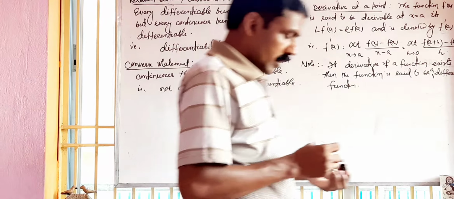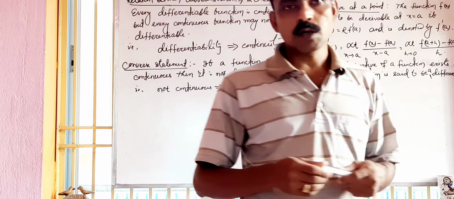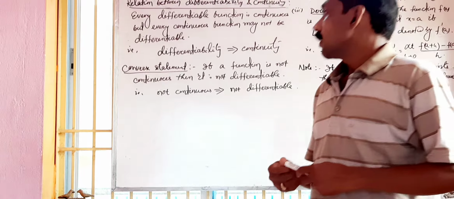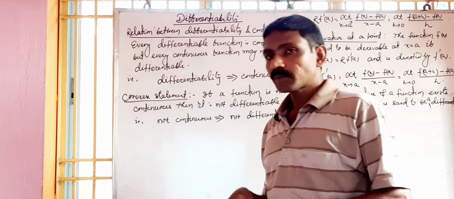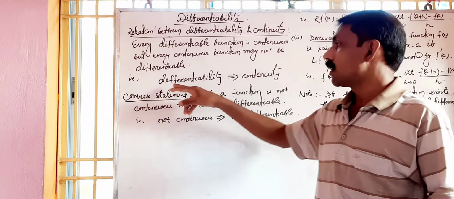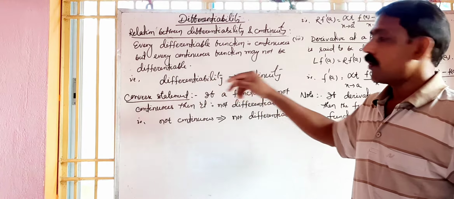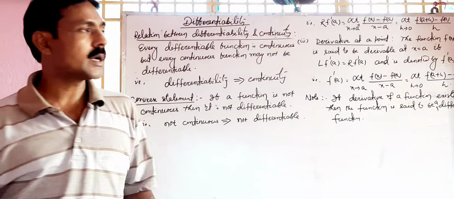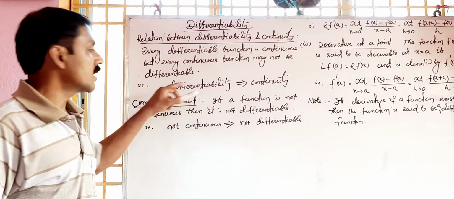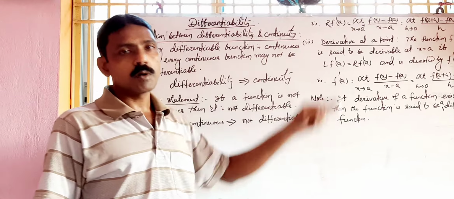So in order to check continuity and differentiability, always remember: when we start from differentiability and you have proved that the function is differentiable, then there is no need to check for continuity again. Directly you will write, since the function is differentiable, it will be continuous.